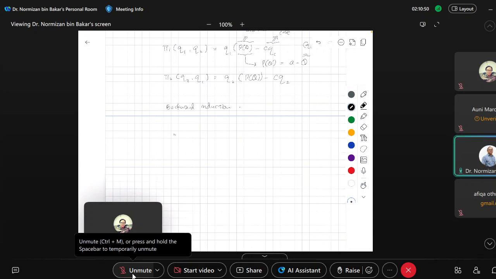So max over Q2 greater than or equal to zero of pi two, Q1, Q2. That is Q2 times (A minus Q1 minus Q2) minus C times Q2.